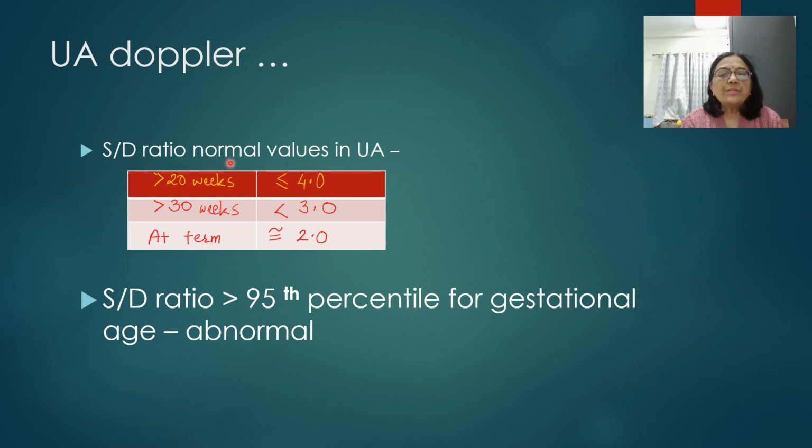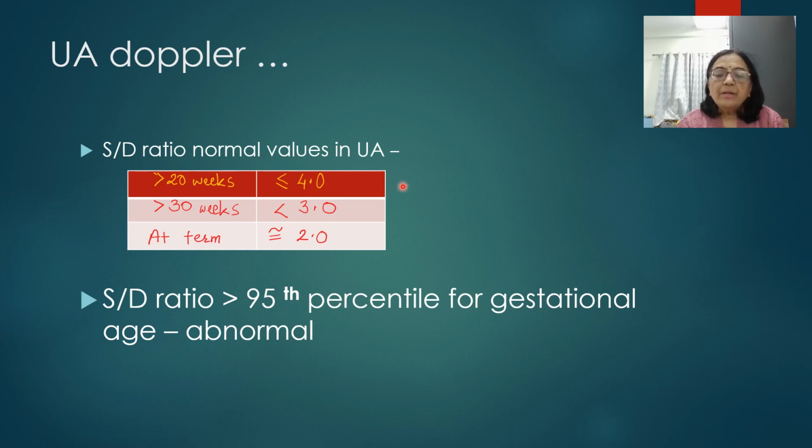Normal values of SD ratio in the umbilical artery. This table shows, and we can remember it as, after 20 weeks it should be less than 4, after 30 weeks it should be less than 3, and at term it is approximately around 2. This is just to remember, or whenever we see a report, it is a gross one.